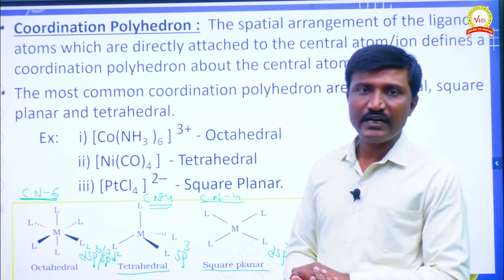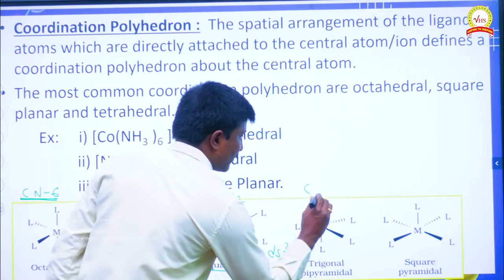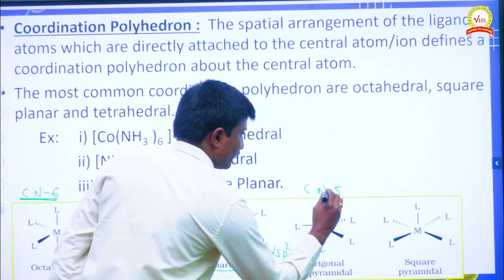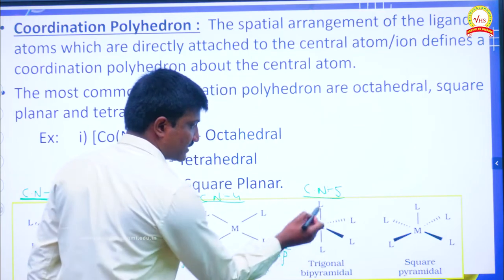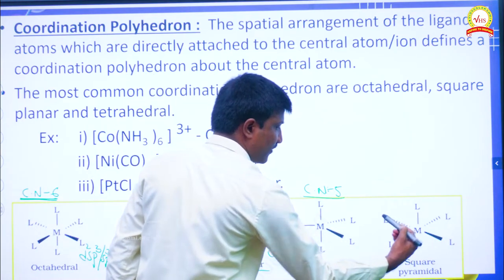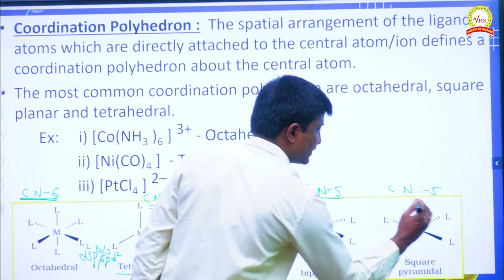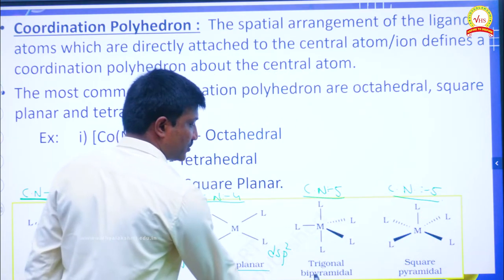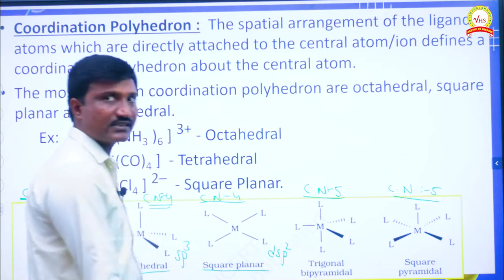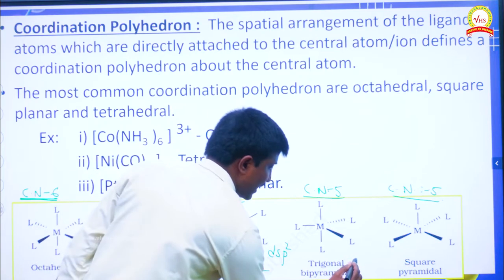the shape of the molecule depends. Like that, if coordination number is 5, meaning 5 ligands, 1, 2, 3, 4, 5, then they may arrange either in trigonal bipyramid or square pyramid structure. Which one is possible depends on the hybridization.